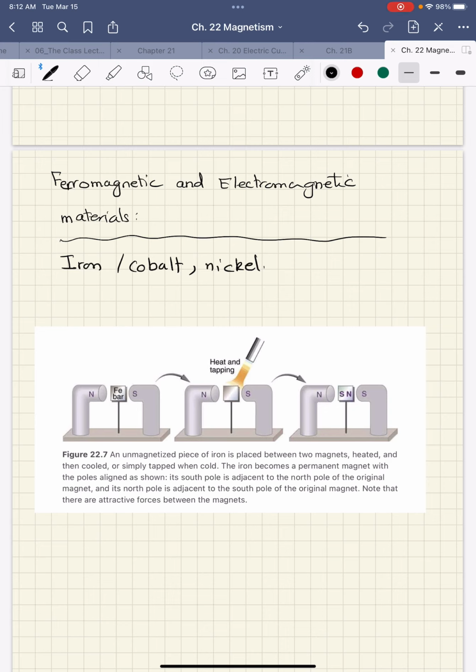Their name is ferromagnetic, from the Latin word for iron, which is ferrum. One really important thing about these materials is that we can make them strong and permanent.